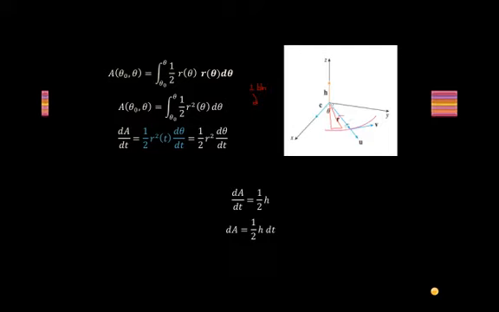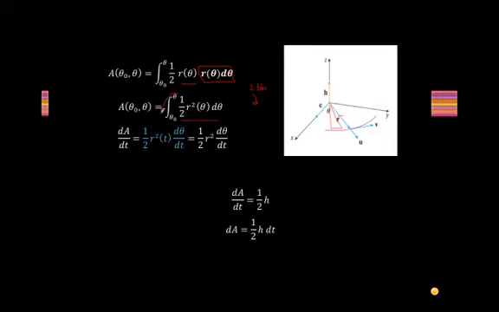The base over here is r times d theta, and the height is given by r using the small angle approximation. So the area is half r times r d theta, which can be simplified to this.